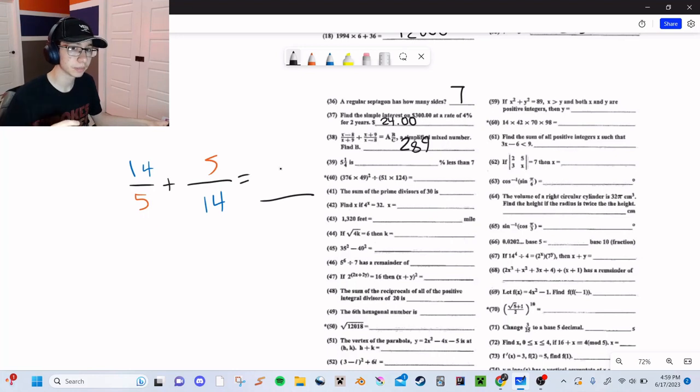Let's do our steps. So let's do the 5 times the 14, that's 70. Let's do the 5 minus the 14, that's 9, or negative 9. Square it, we get 81. And then we'd put a 2. But you see we can't have an answer like this because this fraction right here is improper.